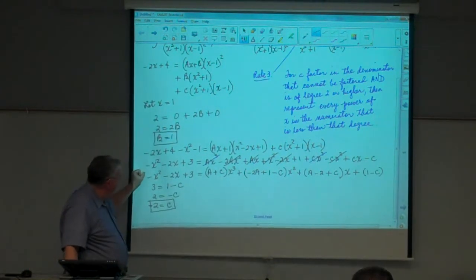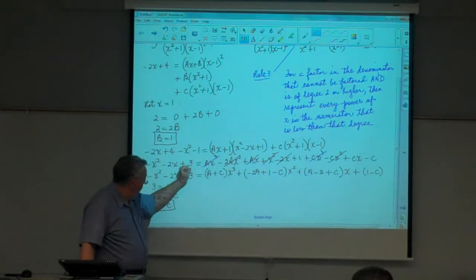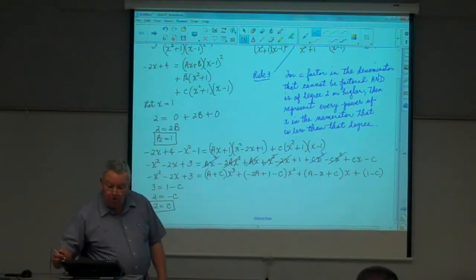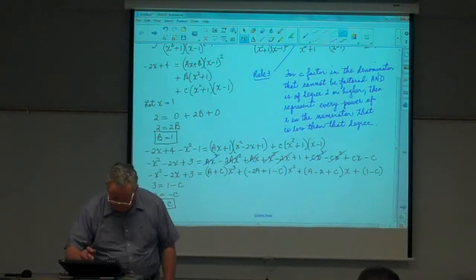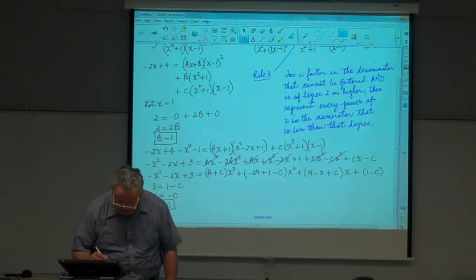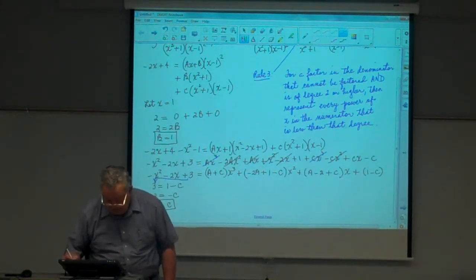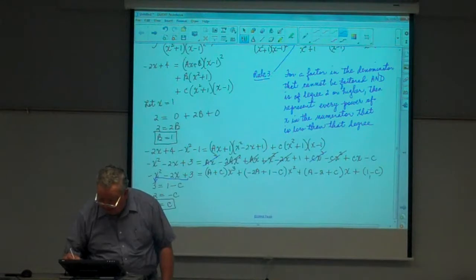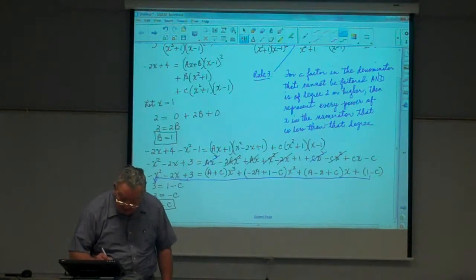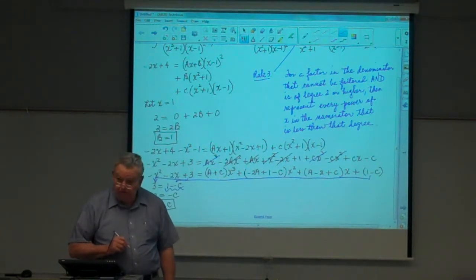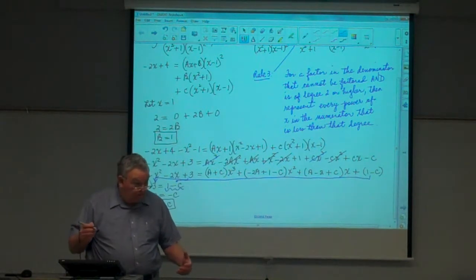So didn't the power on the left side equal to the power on the right side? Isn't that what we did with the 2? I took the 3, didn't I put the constant on the left side equal to the constant on the right side? Is that right? Yes or no?